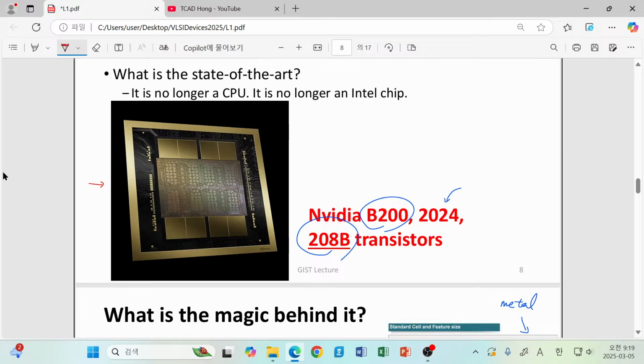It means the NVIDIA chip consumes 3 or 4 times wider area. Wow! However, the difference in the number of transistors is more than 100 times. Then how can we integrate more than 100 times more transistors into just 3 or 4 times wider space?